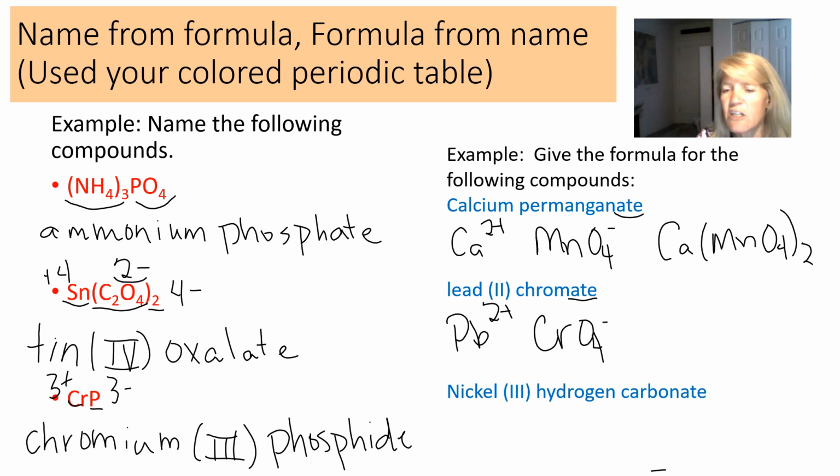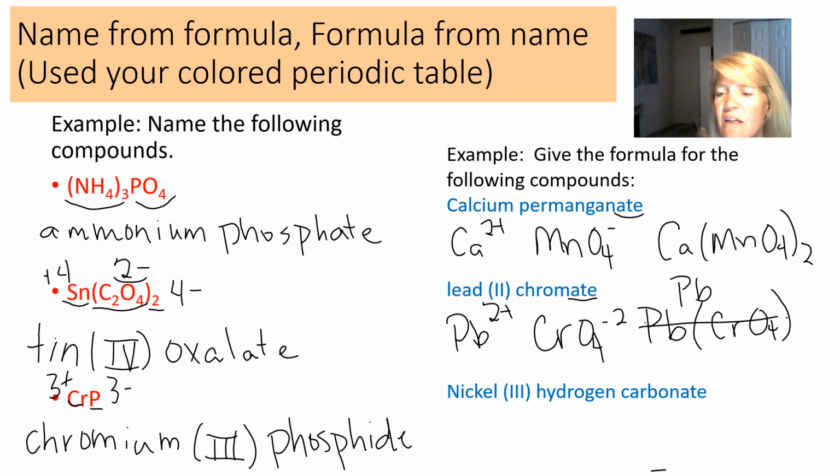They have different charges, so we're going to call it Pb parentheses CrO4 parentheses. Wait, chromate is minus 2. So in this case, we don't need parentheses. It's just PbCrO4. Sorry, I don't have my list in front of me, and I remembered that wrong. So they have the same and opposite charge, so you don't need a subscript, you don't need parentheses.